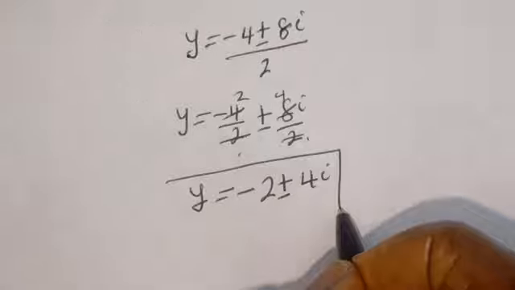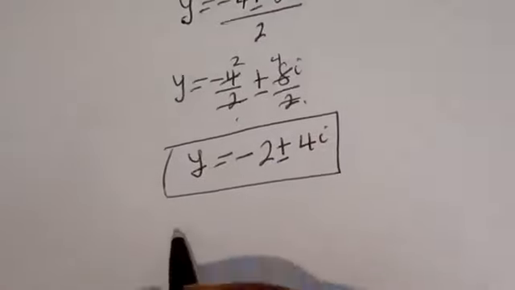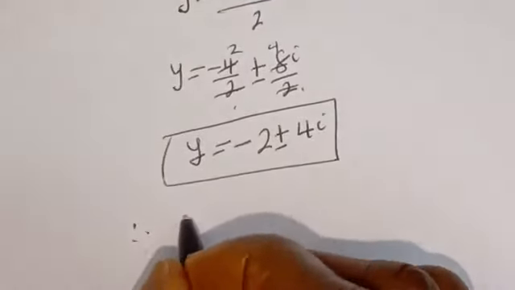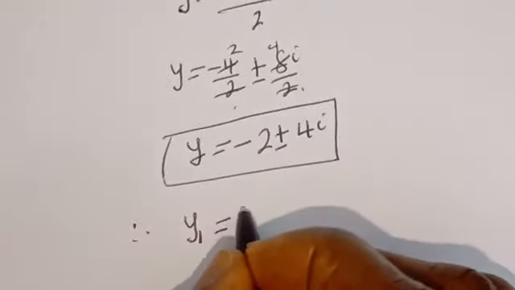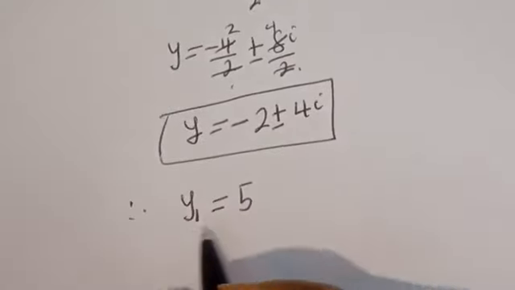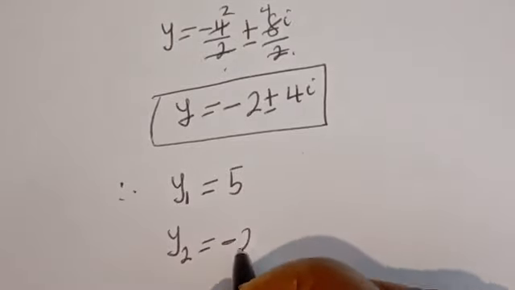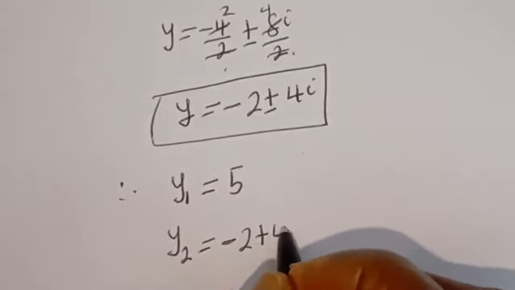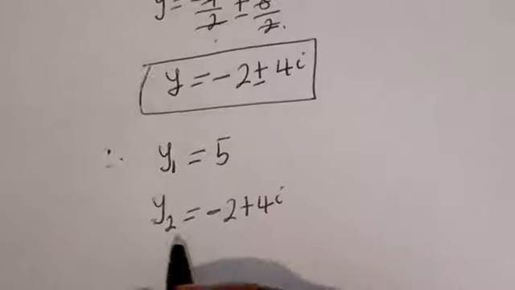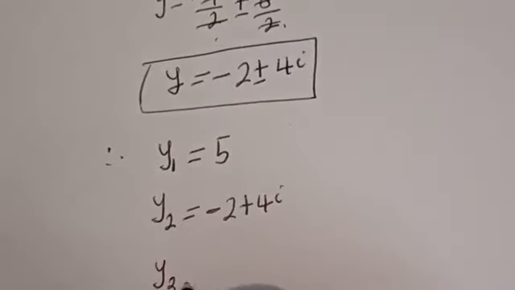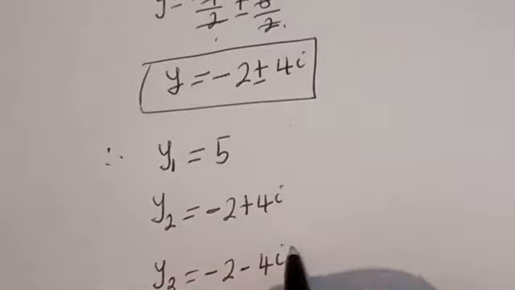This is also the value of y. Therefore, our final answers are y1 is equal to 5, then y2 is equal to minus 2 plus 4i, and then y3 is equal to minus 2 minus 4i.